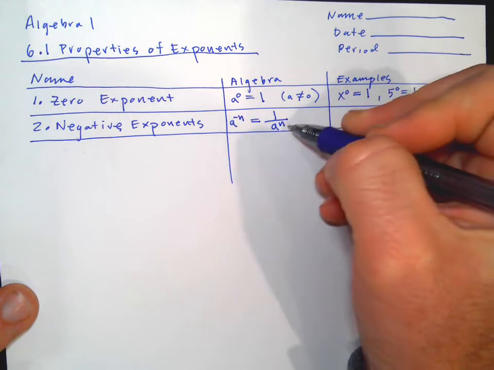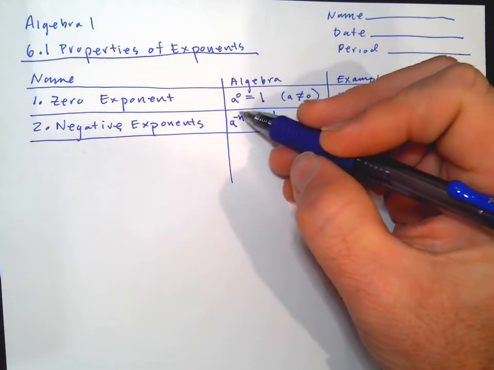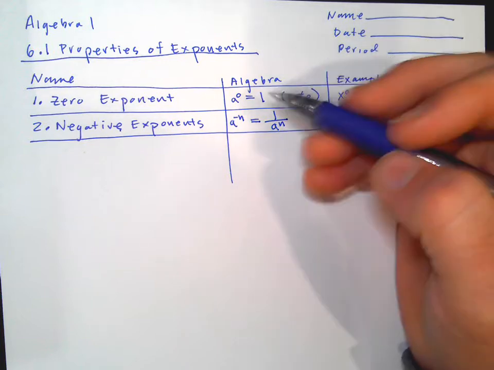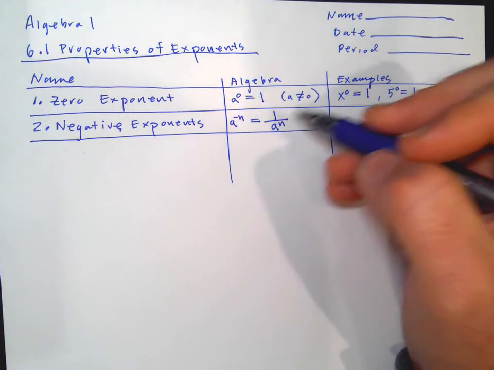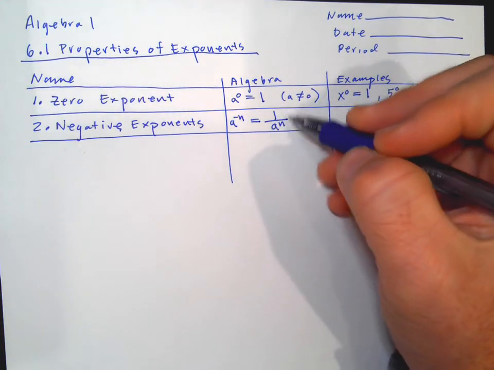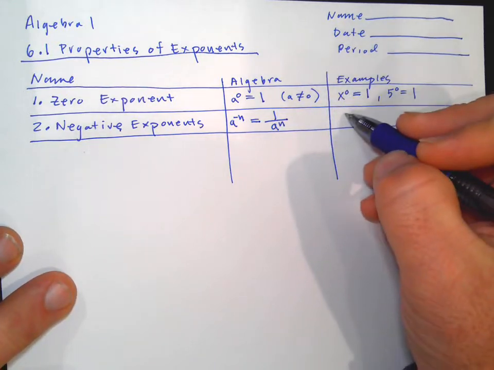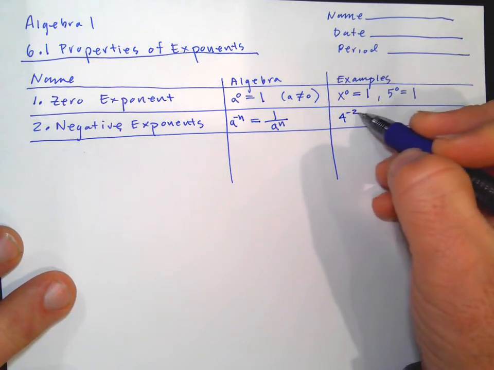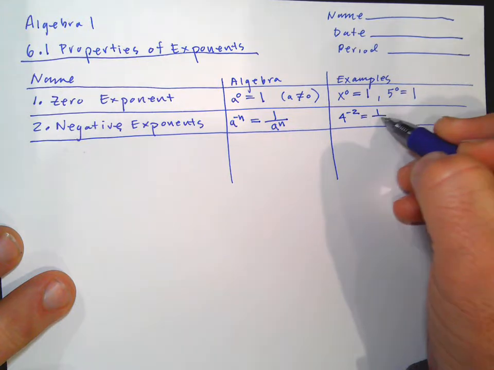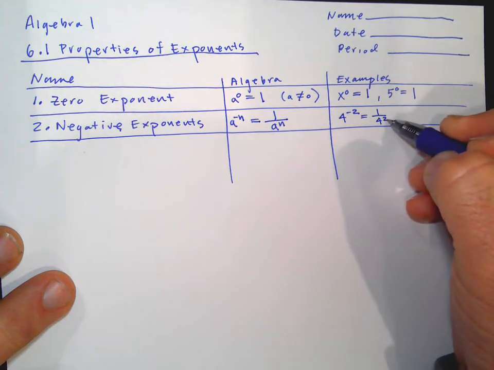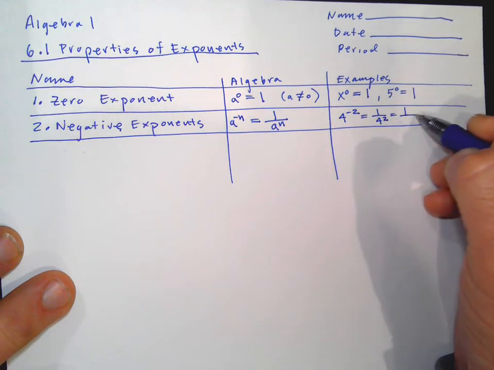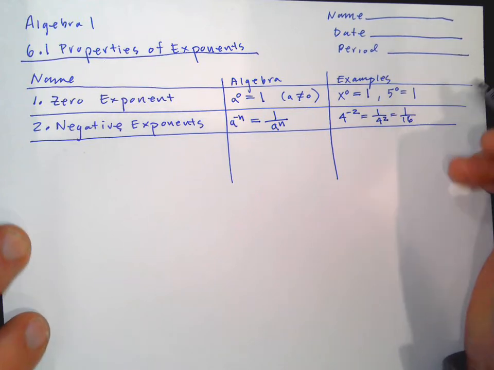It ends up in the denominator. Exponents are multiplication over and over again; negative is division over and over again. So a couple quick examples: 4 to the negative 2 would be 1 over 4 squared, and then you could continue on and simplify it, to get 1 over 16.